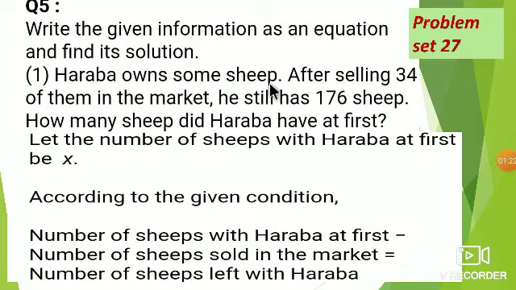So according to the given information, number of sheep with Harba at first minus 34, because he sold them, so we have to subtract. Minus the number of sheep sold in the market is equal to the remaining sheep, the number of sheep left with Harba.